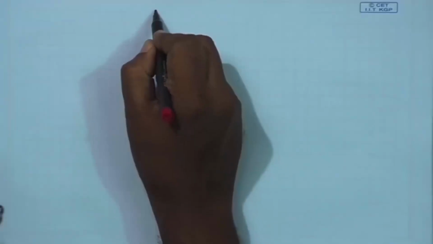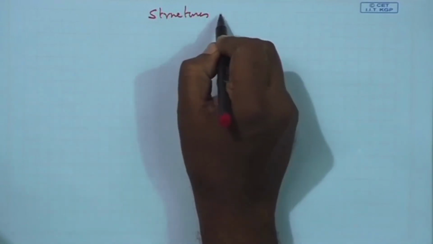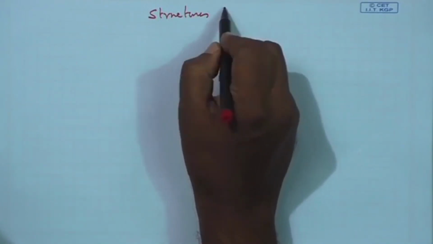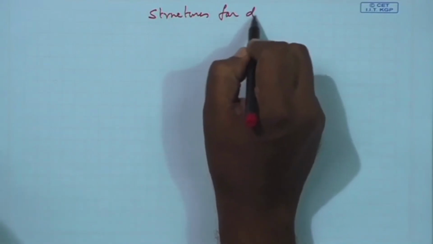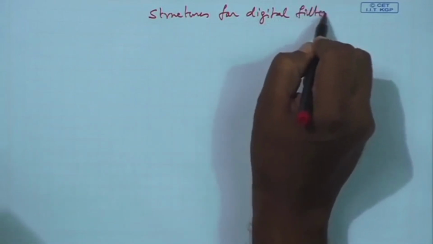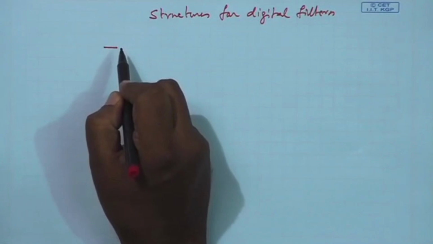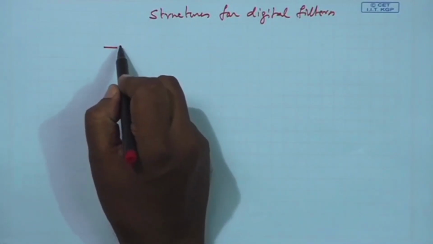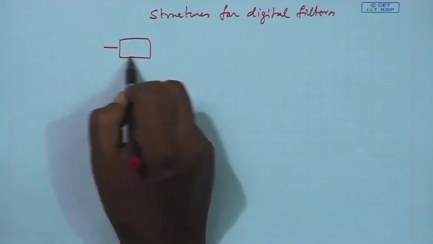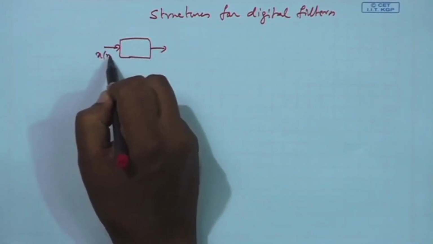I will today consider structures for digital filters. Remember, though we considered linear shift invariant systems in general, we then took a rational system, with input x n and output y n.